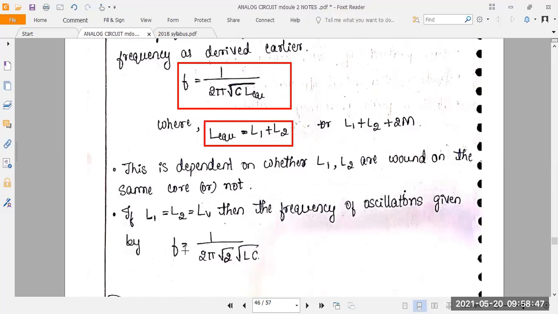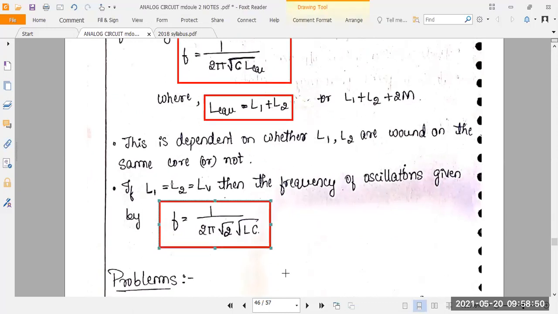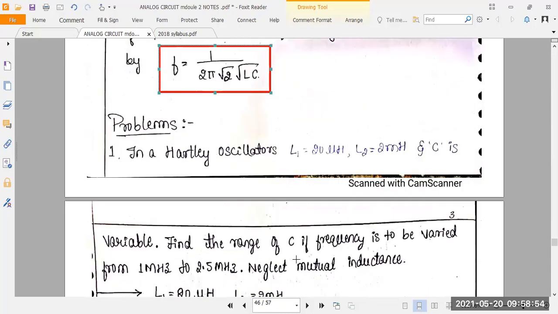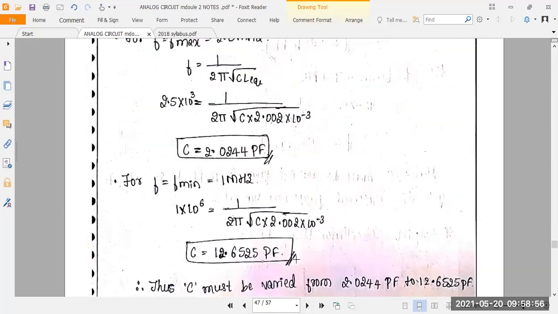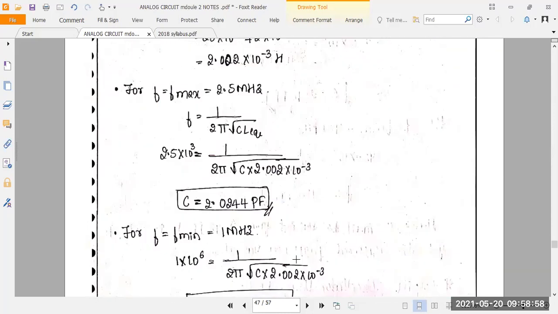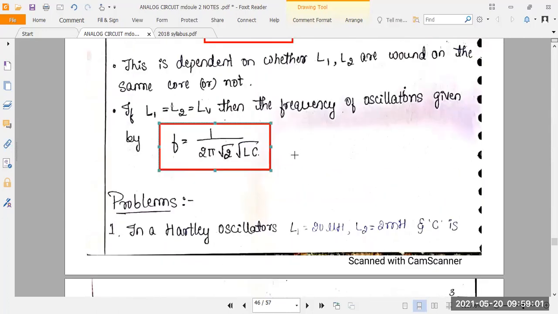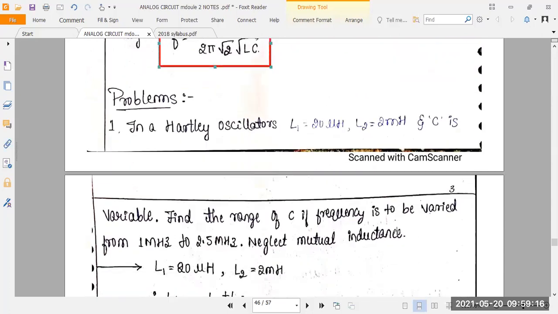Understood. Take one problem here. In a Hartley oscillator, L1 is equal to 20 microhenry and L2 is equal to 2 millihenry, and C is variable.